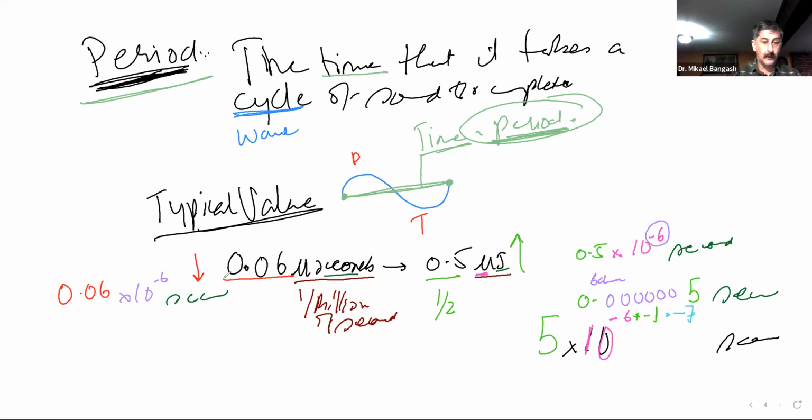But that could again be written as 0.000006, and we're just going to go with plain seconds. So it's going to be those 6 zeros first, and then 0.6, and then seconds.